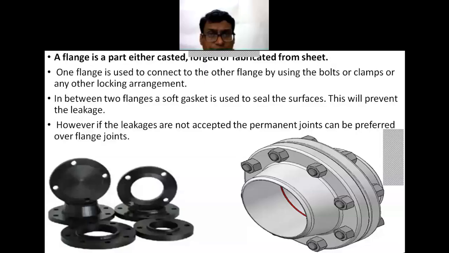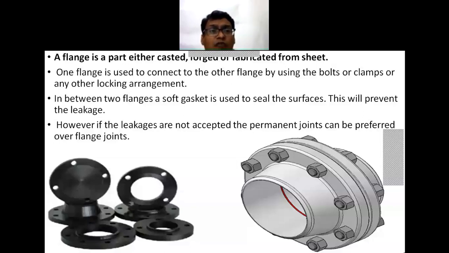The flange is a part either cast, forged, or fabricated from sheet. So it can be a cast flange also. Sometimes on a household pump, the flanges we see are cast also. Cast, forged, or fabricated from sheets.